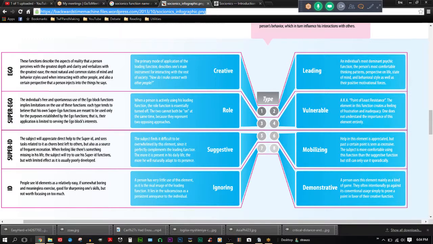Okay, and then what about 5 and 6? No, I'm sorry. Then what? What's suggestive? 3? That probably is 5. No, that's ignoring. Ignoring is 5. Demonstrative is 6. So yeah, okay. Suggestive is 3.